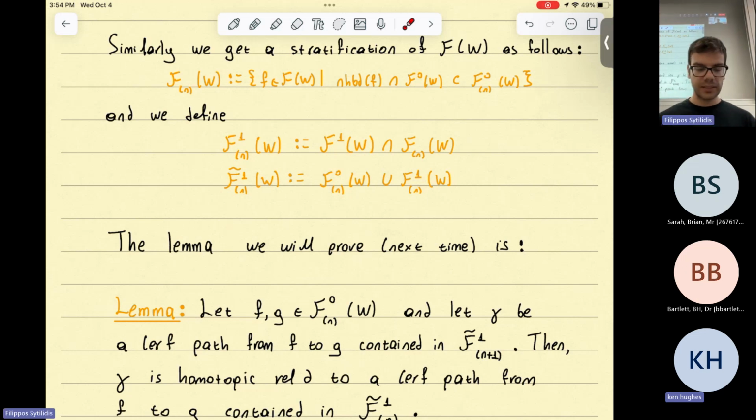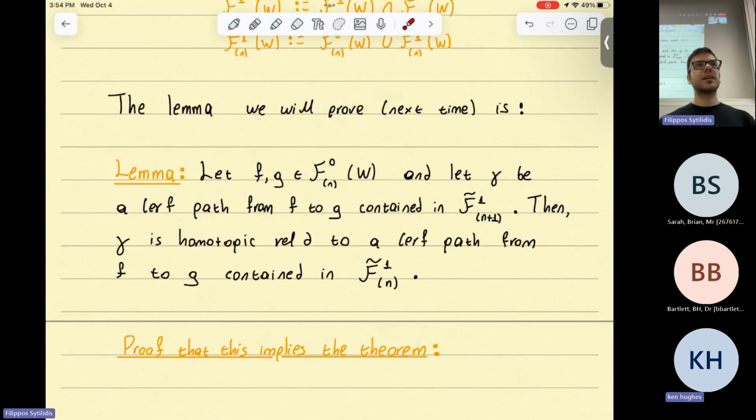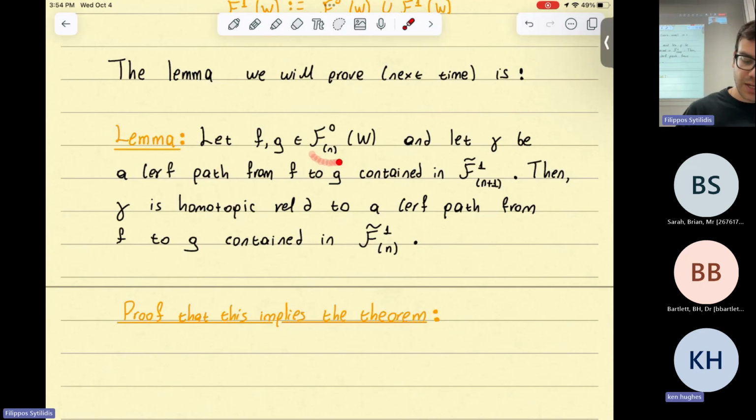I'm just going to give you a lemma that we are going to reduce this ordering theorem to. The lemma is as follows. If you give me f and g in F0 sub n of W, so these are excellent Morse functions that have at most n pairs of critical points in bad position, and you give me a path gamma, which is a Cerf path from f to g, and it's completely contained in F tilde 1 sub n plus 1.